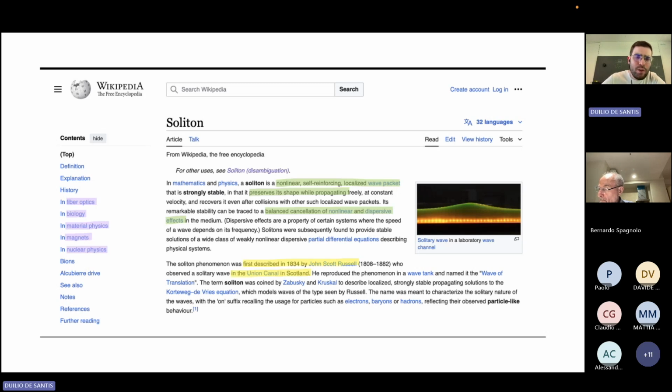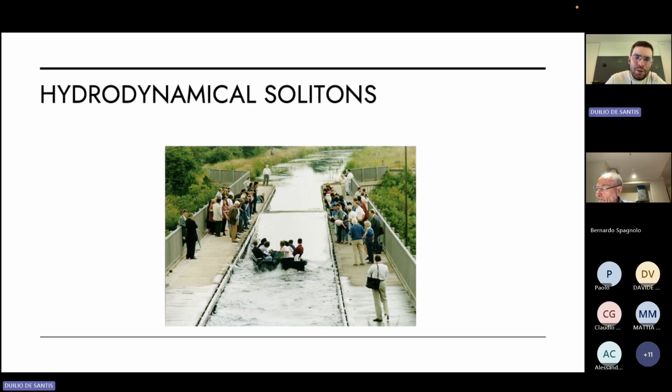Solitons were actually discovered in the 1800s by an engineer, John Scott Russell, who was studying some boat engineering problem, and he noticed this remarkable wave which would go on and on without dissipating. He was very fascinated by that, and since then we have a lot of research going on about these solitons.